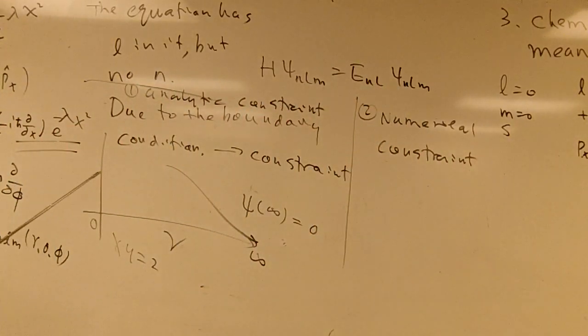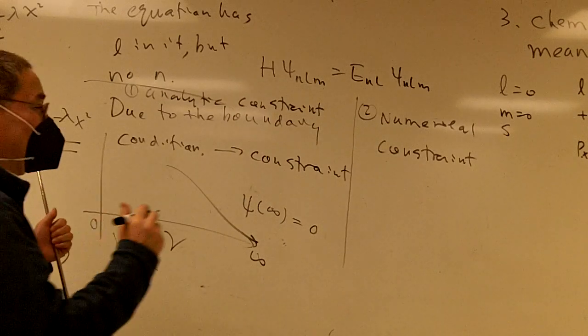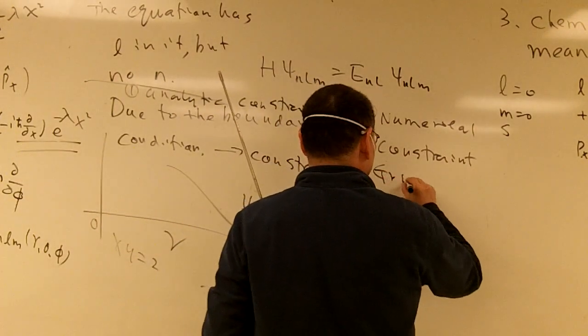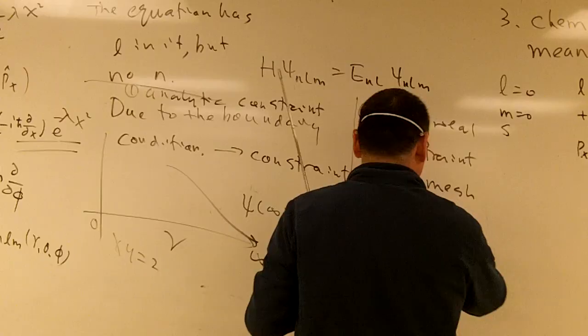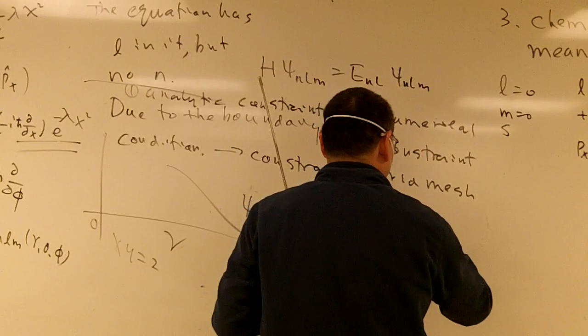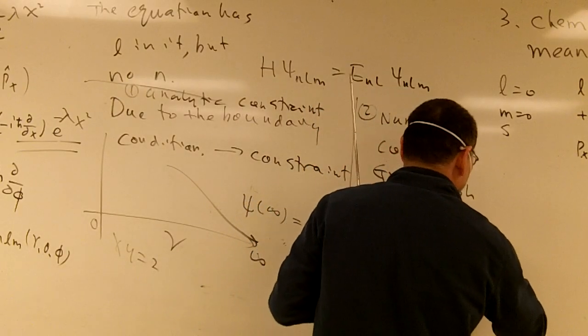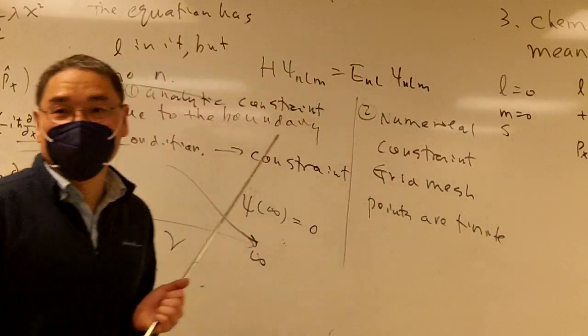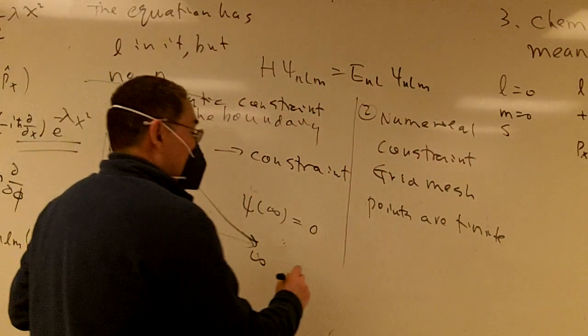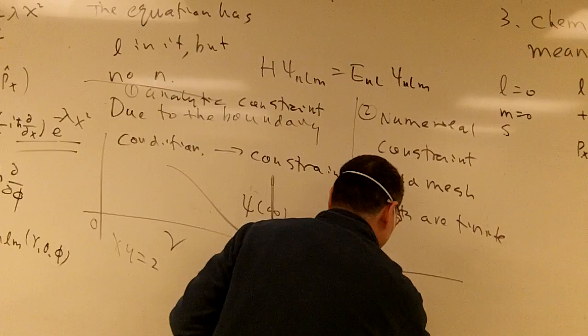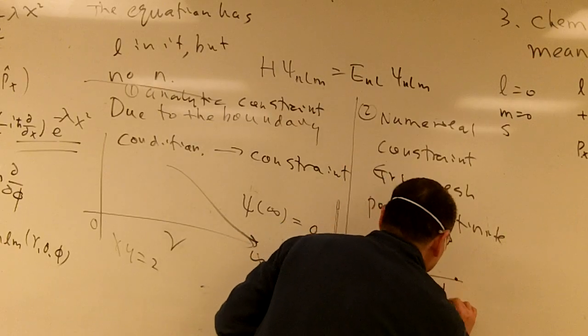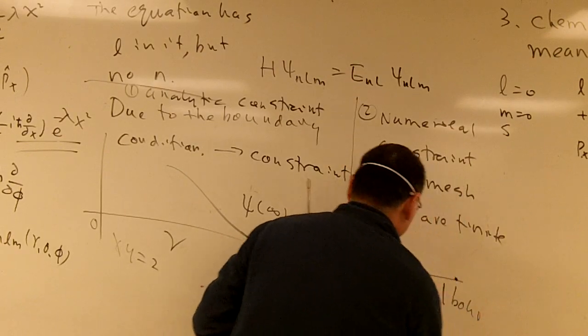So the numerical constraint is because the grid mesh points are finite. For instance, suppose we start from 0 all the way to, let's say, 1 bohr.